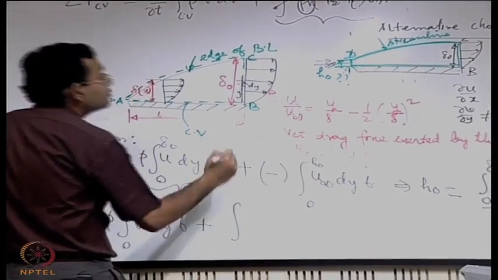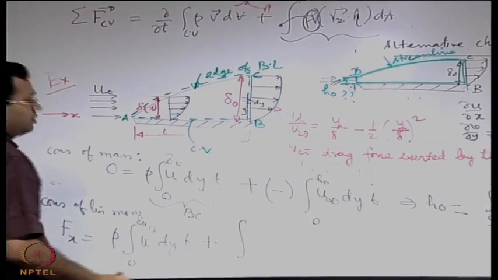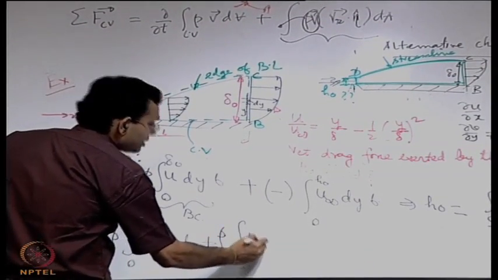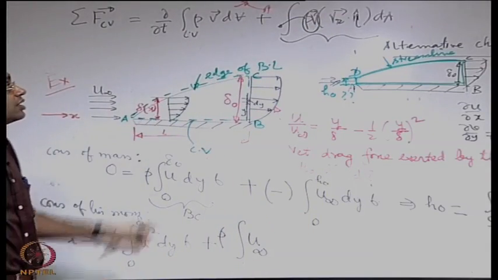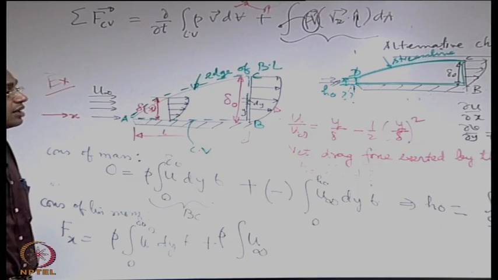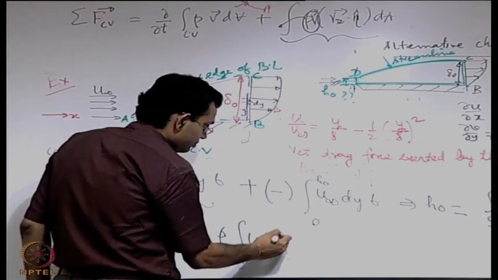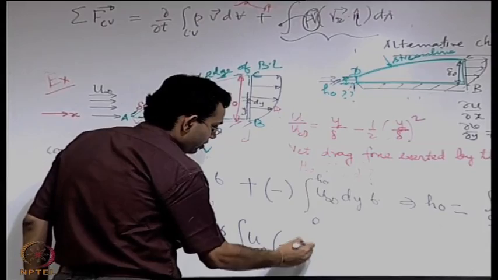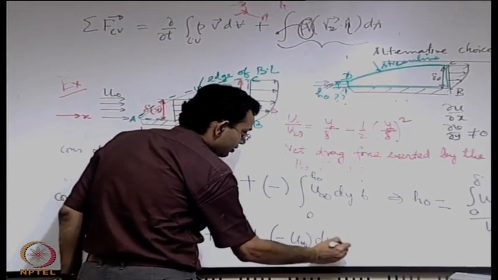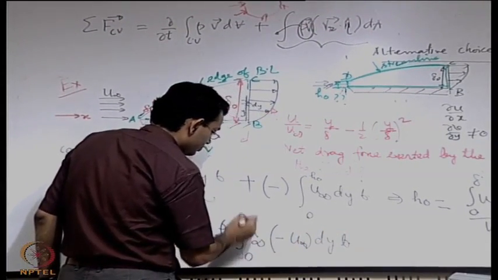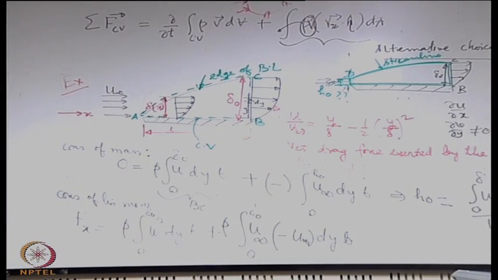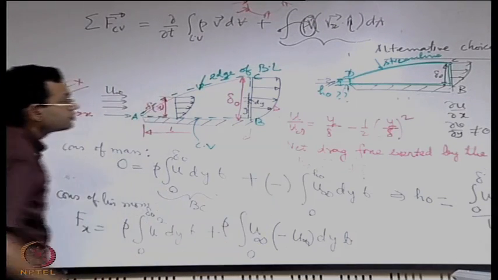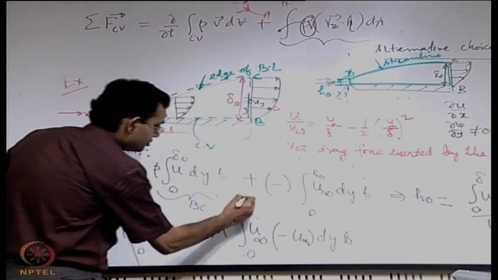Plus integral of rho, you take out first the x component of velocity, that is u infinity, then V dot n dA, that is minus u infinity dy b from 0 to h naught.